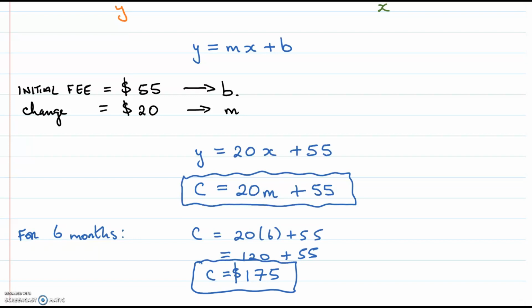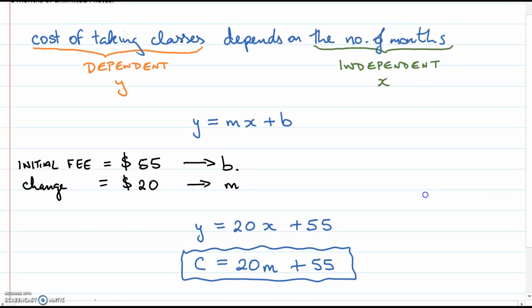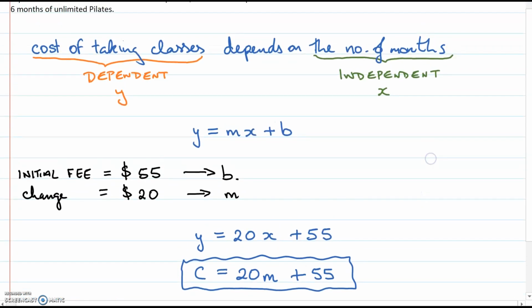Okay, hopefully this makes sense. The big thing that I want you to get out of this is how to define your variables, how to pick out what is the dependent and what is the independent variable. Remember, independent is always x, dependent is always y. The initial setup, you're then going to go to the equation y equals mx plus b, and the initial fee will be b, so 55 will go in for b.